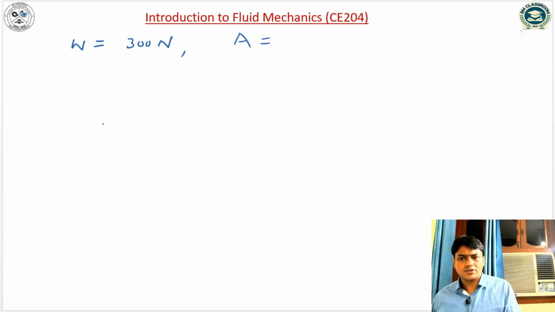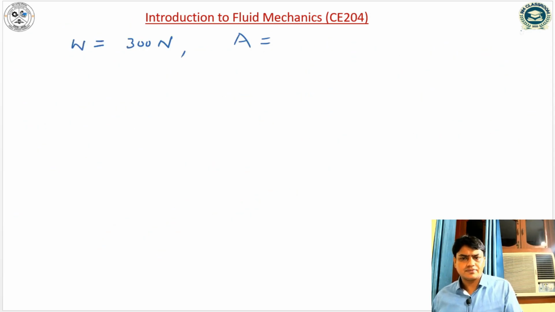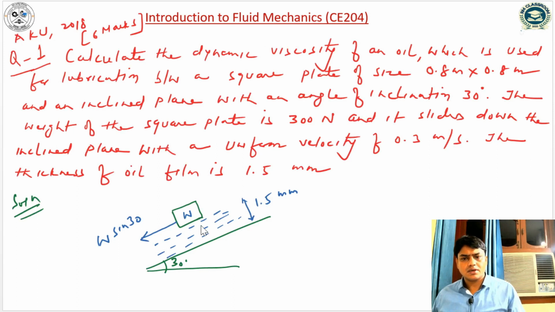Area of the plate is 0.8 by 0.8, so it will be 0.8 into 0.8, which is 0.64 meter square. And this plate is moving with a velocity, this velocity is equal to 0.3 meter per second.